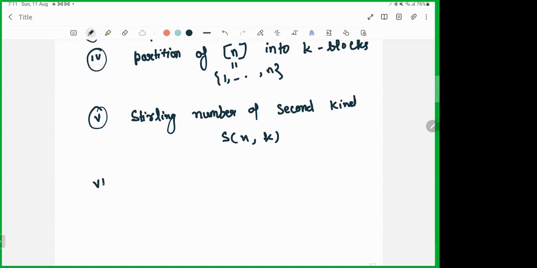Then we see partitions of natural numbers.